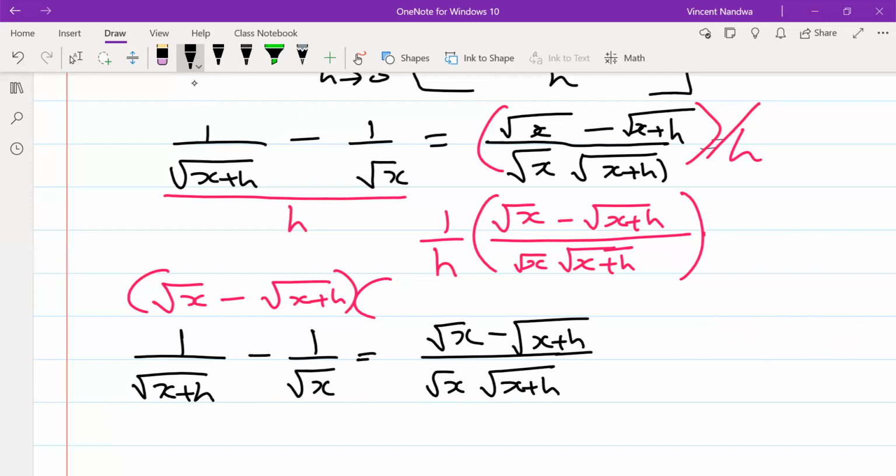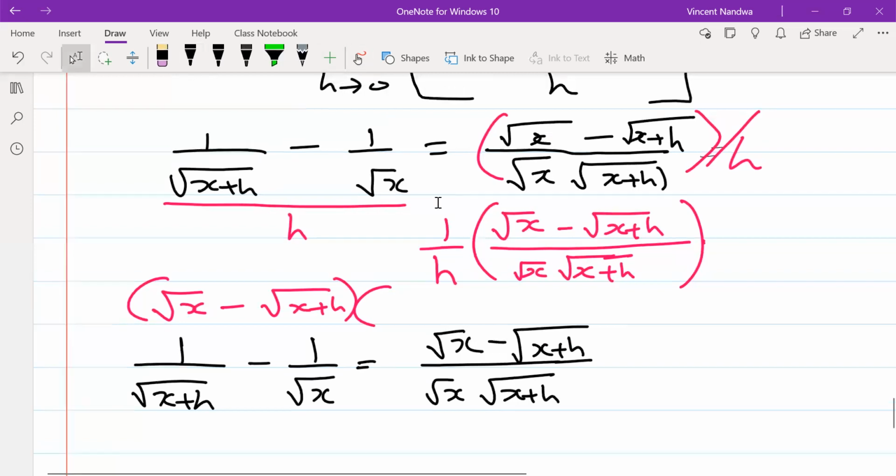And then we have to divide this by h, but you see the structure of the expression here is not allowing us to do the division by h.